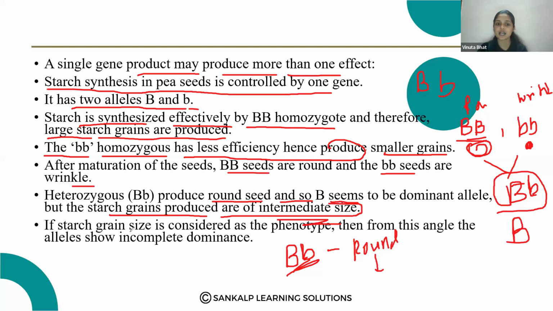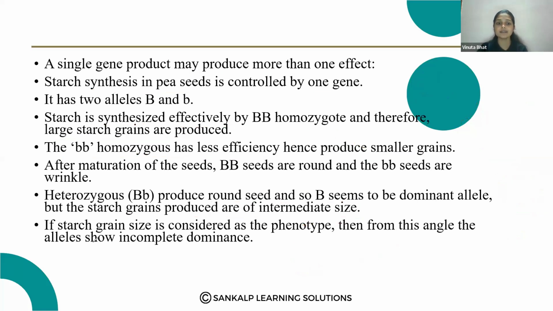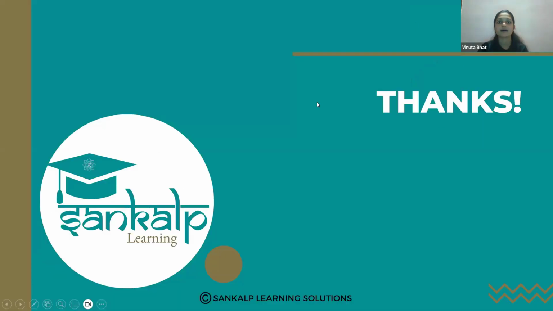So if the starch grain size is considered as the phenotype, then from this angle the alleles show incomplete dominance. If you see the synthesis of starch as a character, these alleles also show incomplete dominance, because in the F1 generation they produce the intermediate size of starch in the grain, right? So that is also an example for incomplete dominance. Thank you.